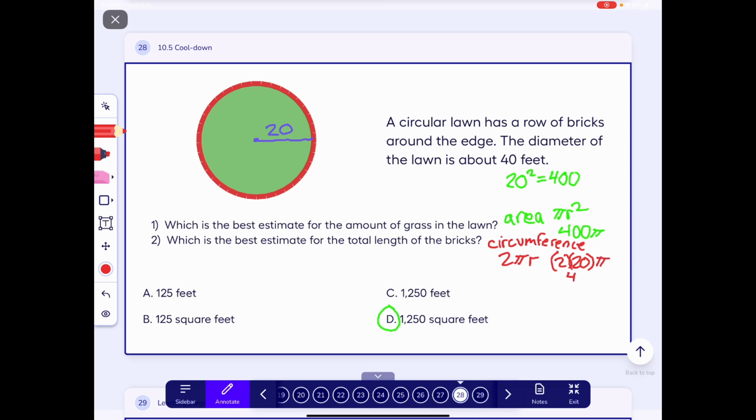So 40 pi, which is closer to 125. So it's this one. And again, circumference is a one-dimensional measurement, so it is not measured in square anything. It's just a unit of measurement, such as feet.